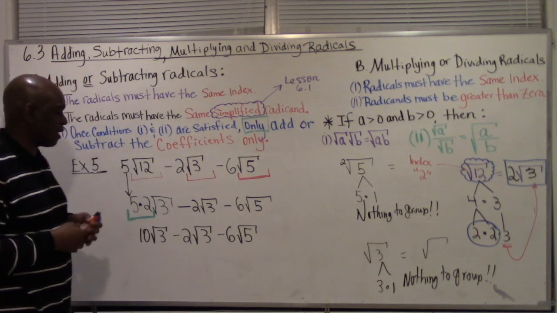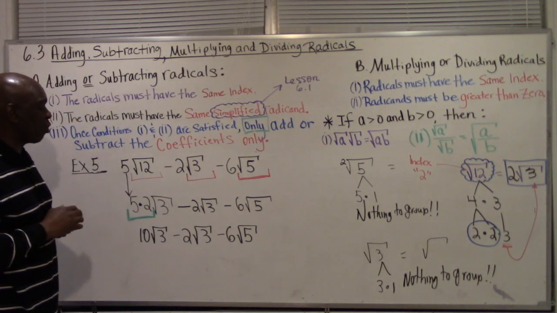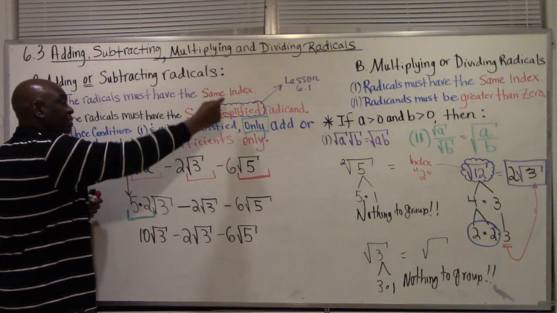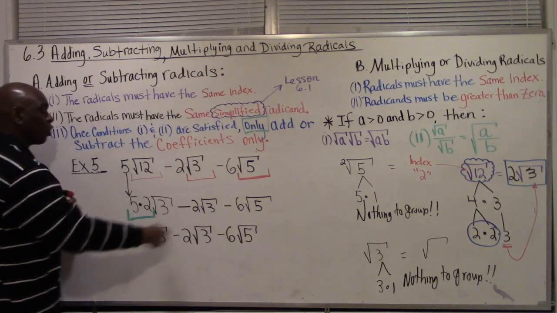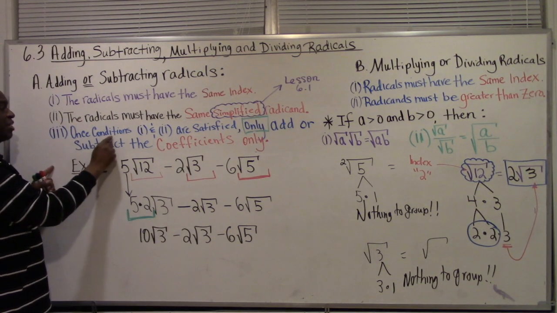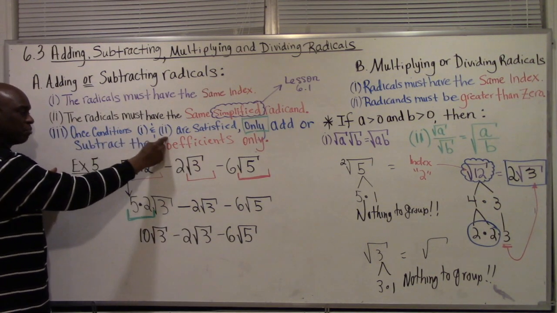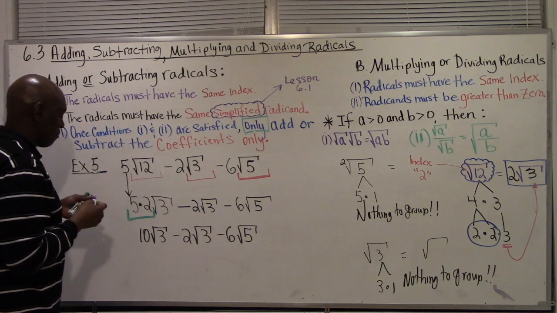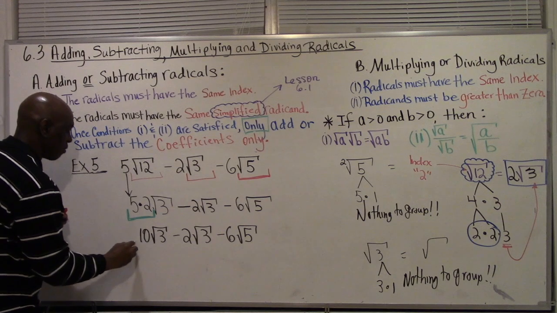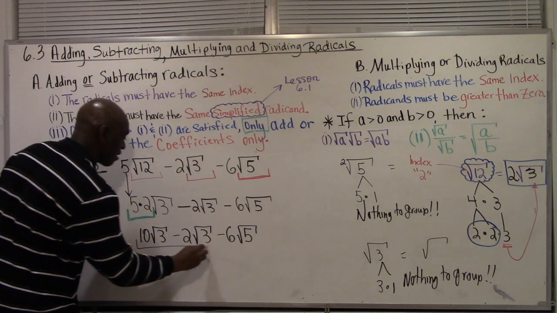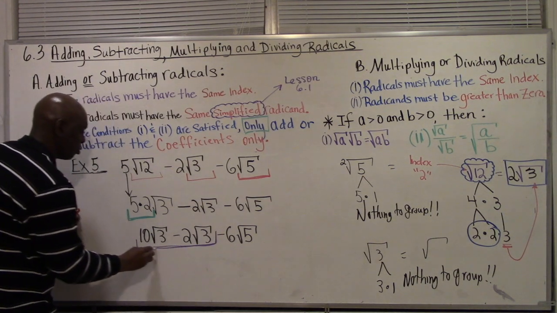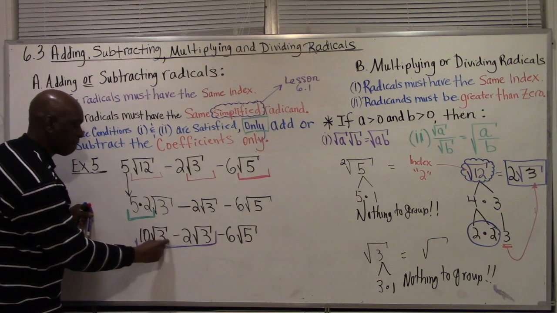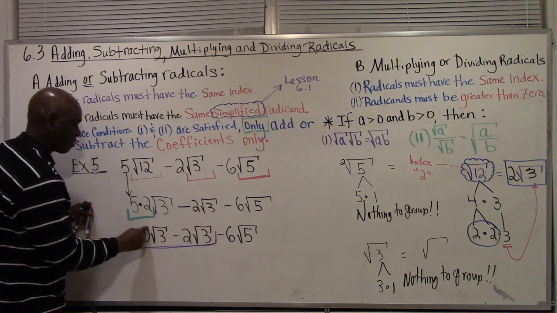So now we're simplified. And so which terms up here have the same index and the same simplified radicand? In other words, which terms satisfy conditions 1 and 2? And as you can see, these two right here, they satisfy condition 1 and condition 2. They have the same radicand and the same index.